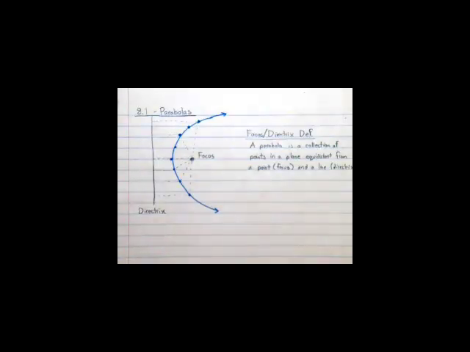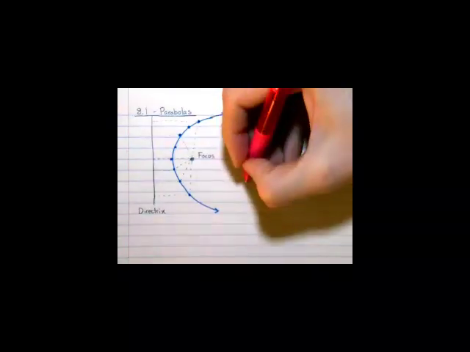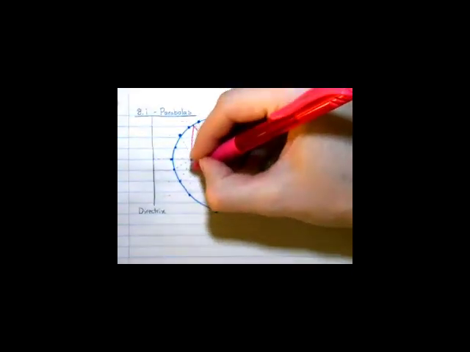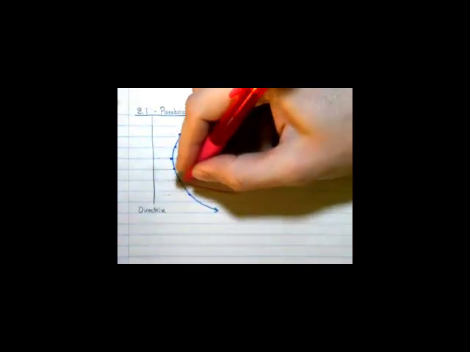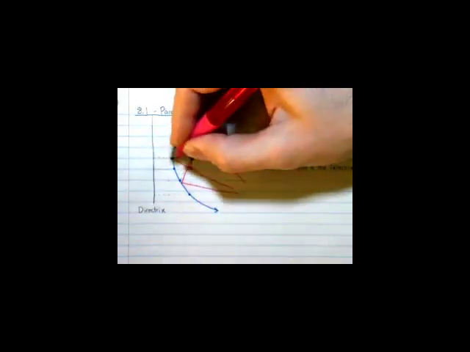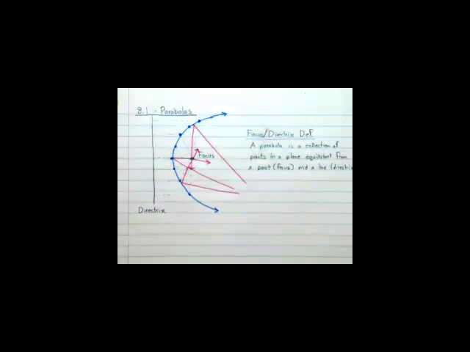Because every time you shoot a beam of anything, light, guess what happens? It bounces off and goes through the focus. So wherever this is coming from, it always reflects off and goes through the focus no matter what. So it's not just a fancy name.